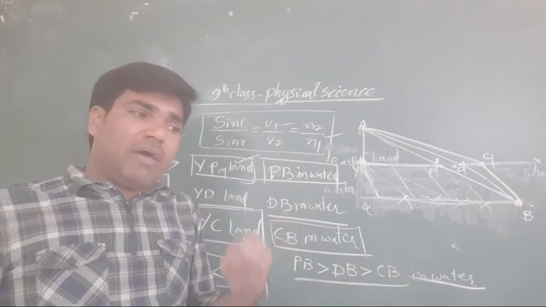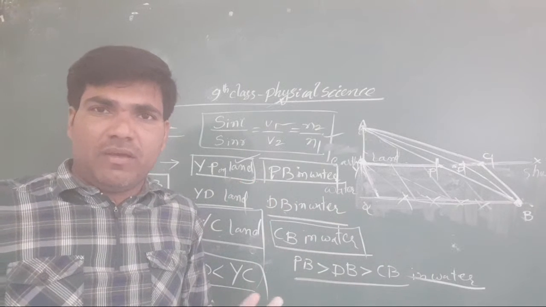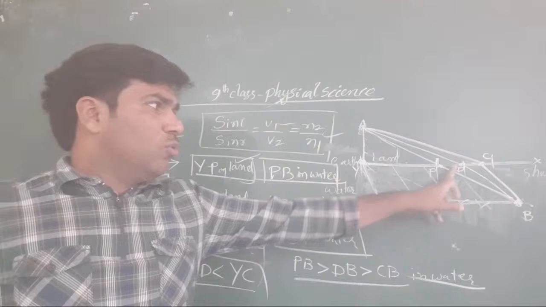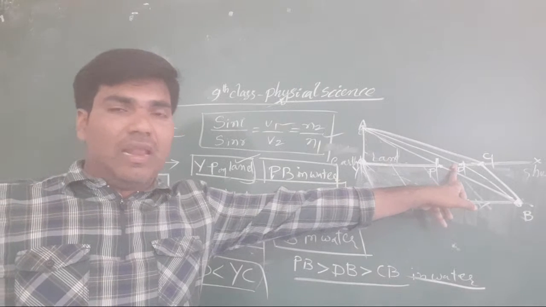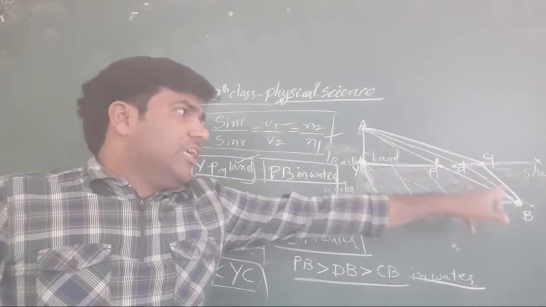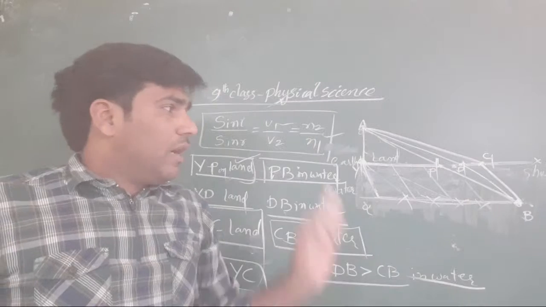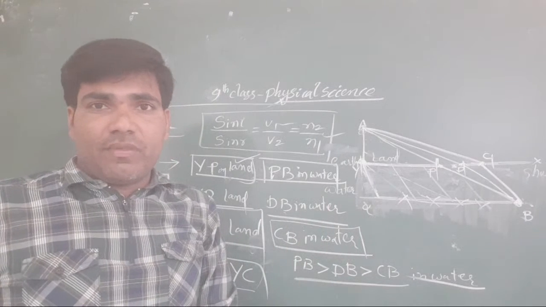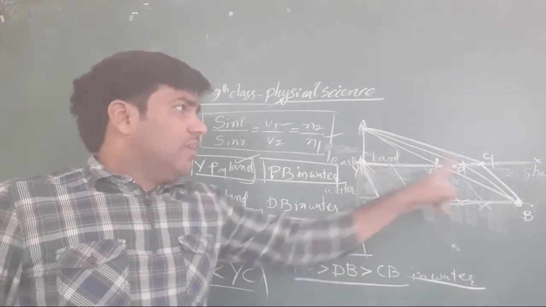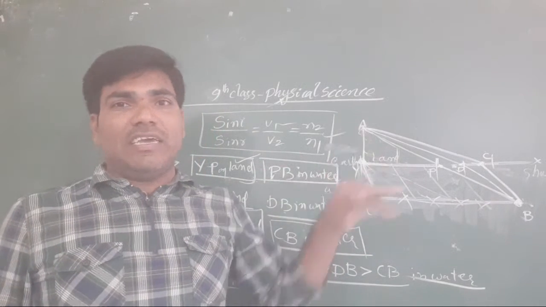We imagine that both are taken at the same time only. Why? Because here in Y to D, we travel some path on land. And D to B, we travel somewhat on the path in water.